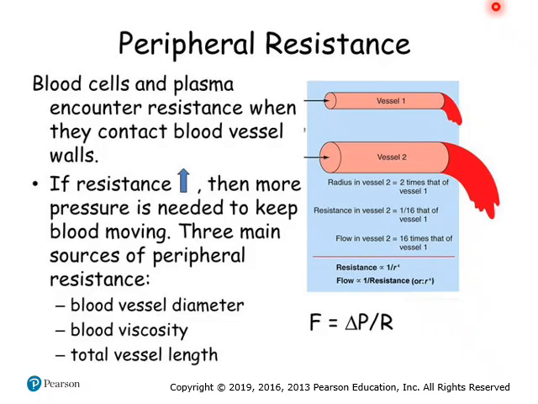If the change in blood pressure increases, blood flow speeds up. Blood flow is inversely proportional to peripheral resistance. So when the resistance is low, blood flow is high. When the resistance is high, blood flow is low.